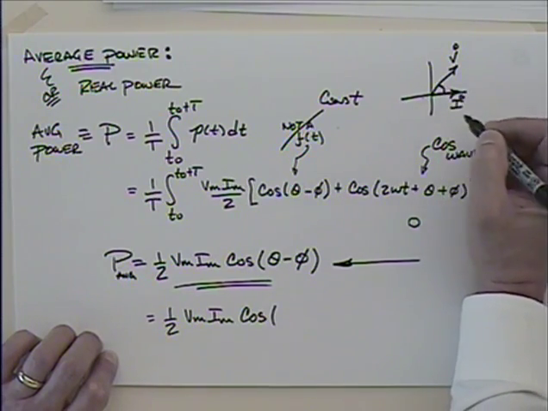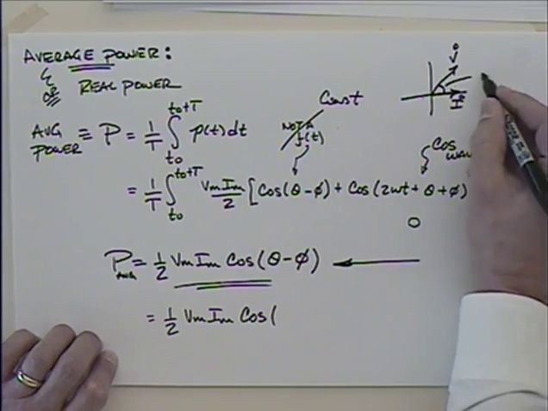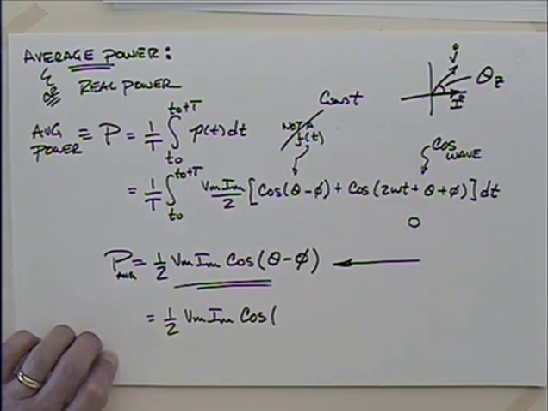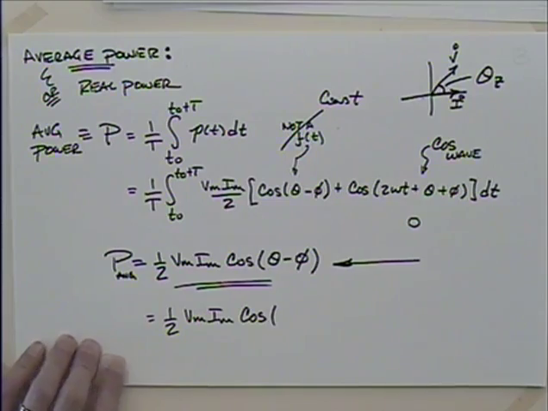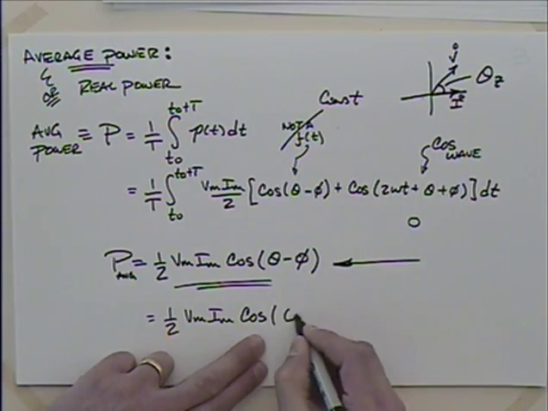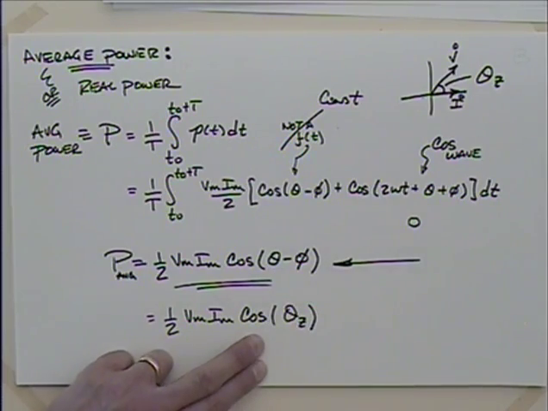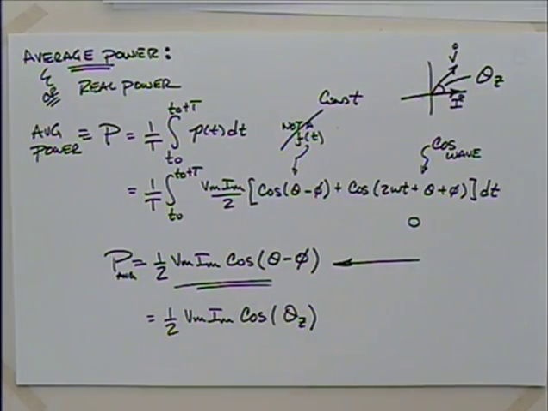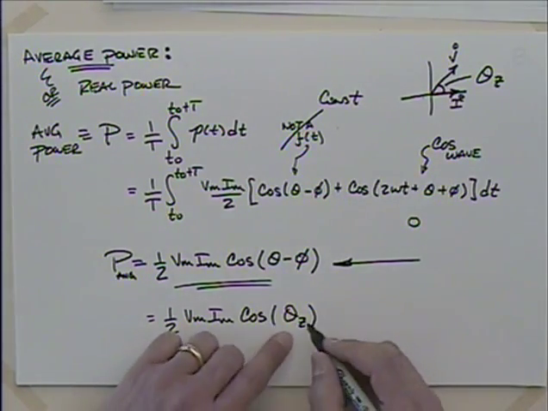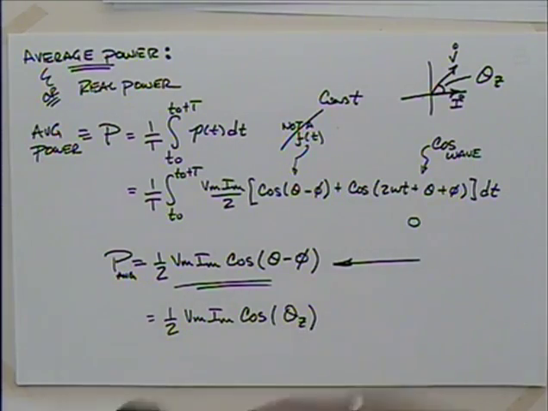That gave us that angle there. What did we say that was? That was the impedance angle, wasn't it? So we could really write this as theta sub z, where plain old theta is the angle on the voltage, phi is the angle on the current, but theta sub z is the angle of the impedance. Yes?